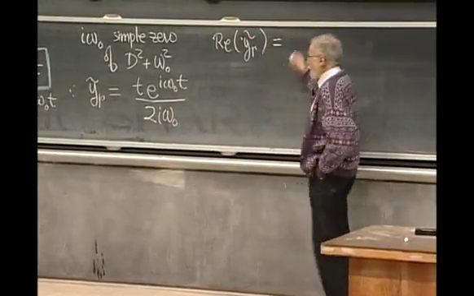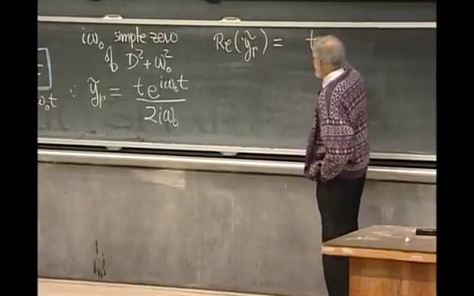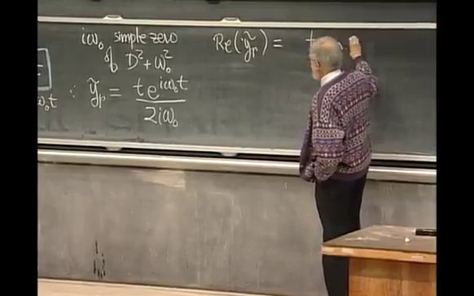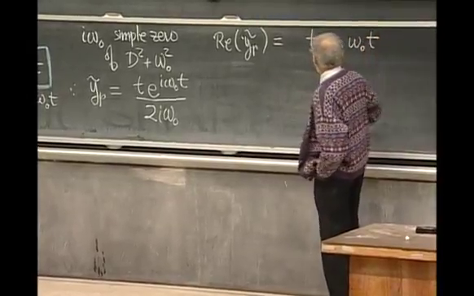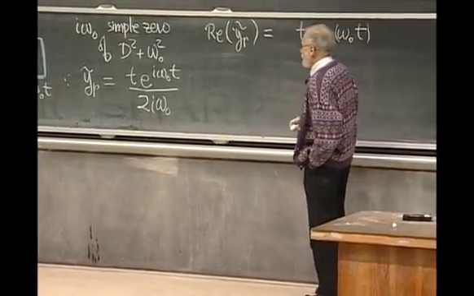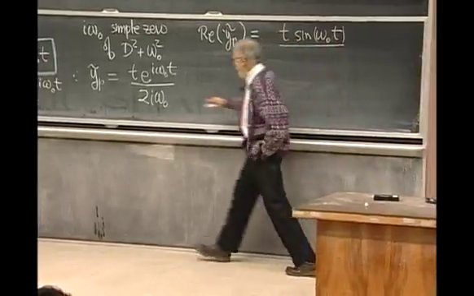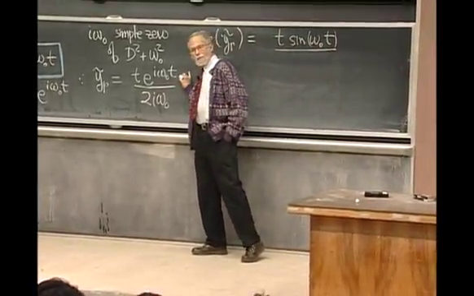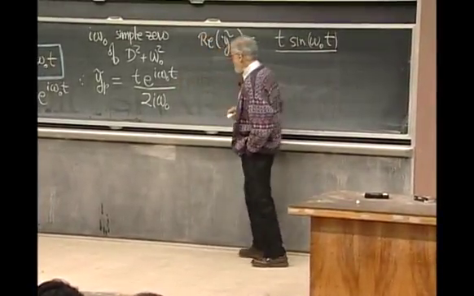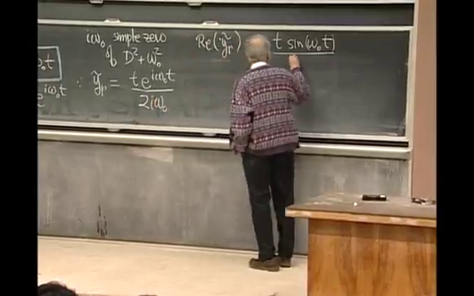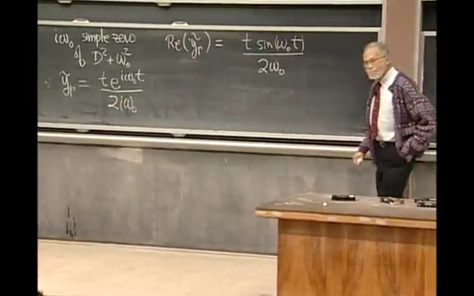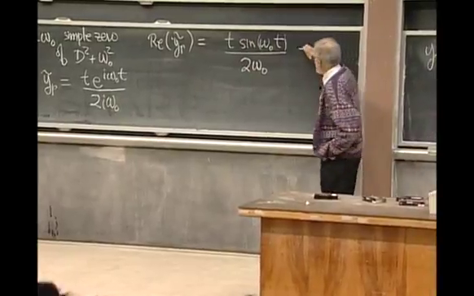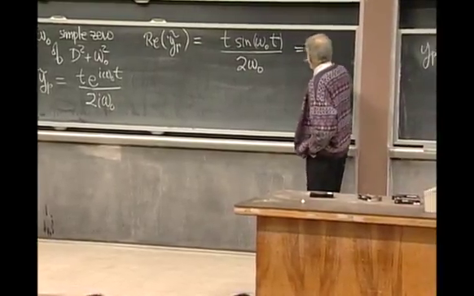And therefore the real part is t times the sine of omega naught t, divided by, well, the i canceled out the i in front of the sine function, and what's left is 2 omega naught down below. So that's our particular solution now.